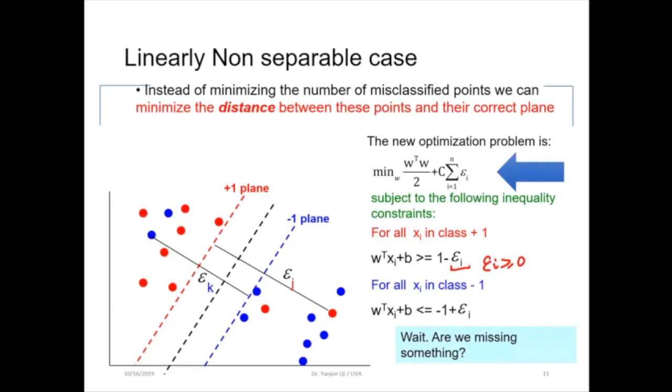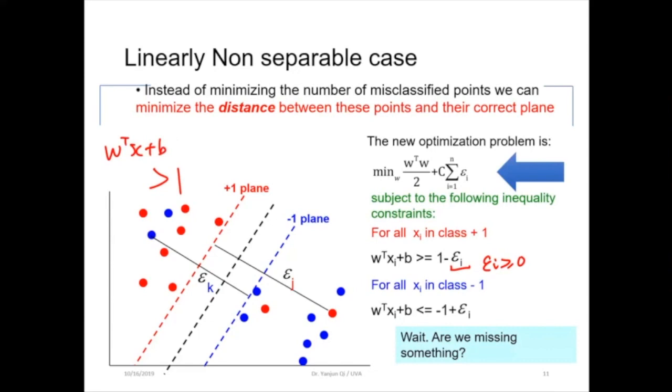Take maybe this point. Absolutely W transpose x_i plus b is larger than 1, because it's on the left side of the +1 plane. All the points on the left side of the plane will have W transpose x plus b larger than 1, right? That's just guaranteed by the linear function.